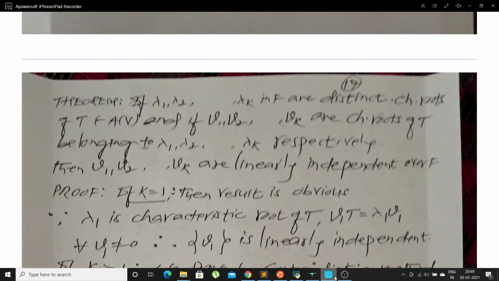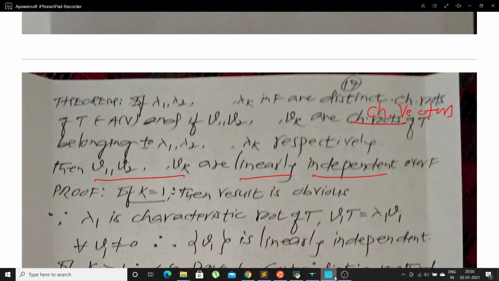If lambda 1, lambda 2 and so on up to lambda k in F are distinct characteristic roots of T belonging to F_V, and v1, v2 and so on up to vk are the characteristic vectors of T belonging to lambda 1, lambda 2 and so on up to lambda k respectively, then we have to show that all the v's, the non-zero vectors, are linearly independent.